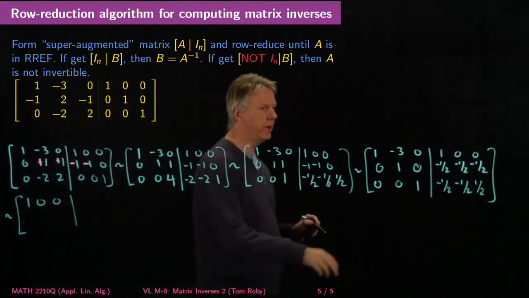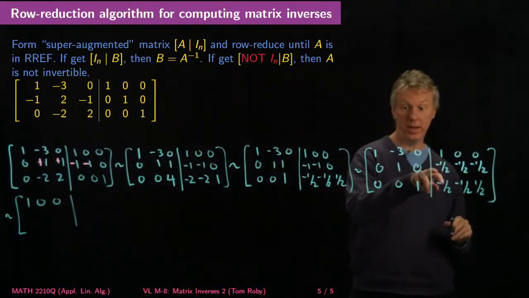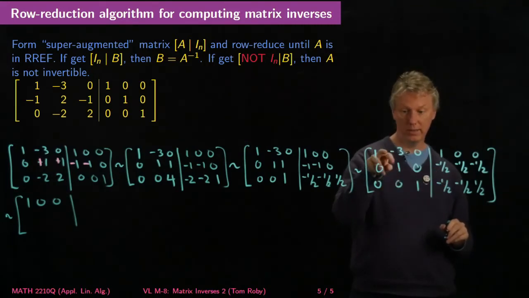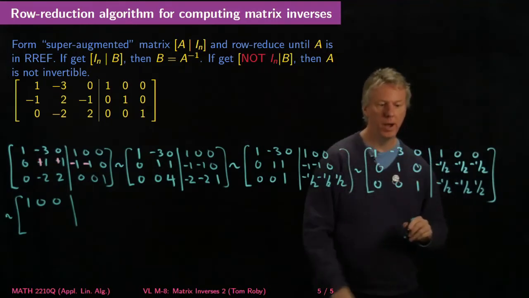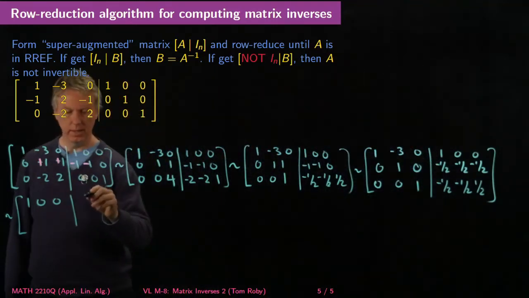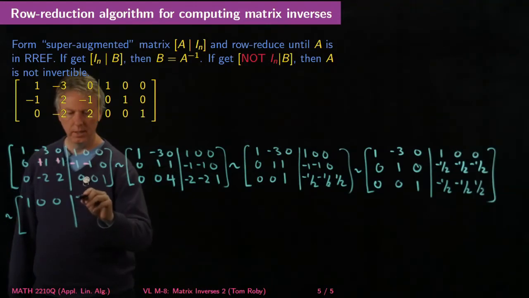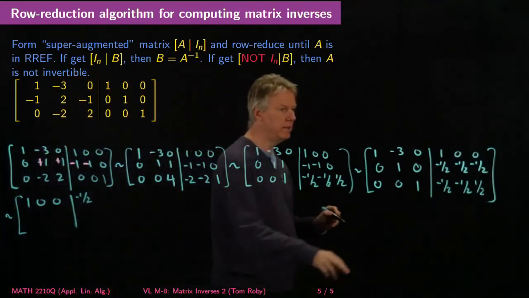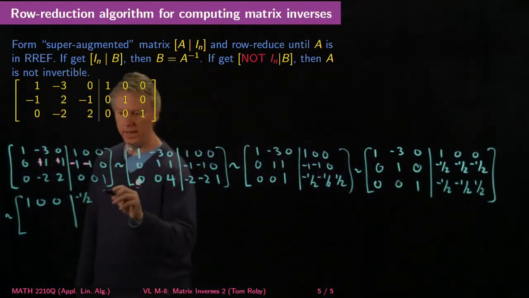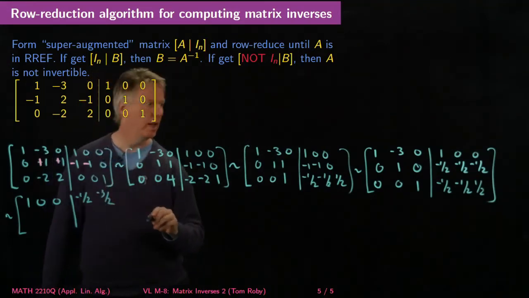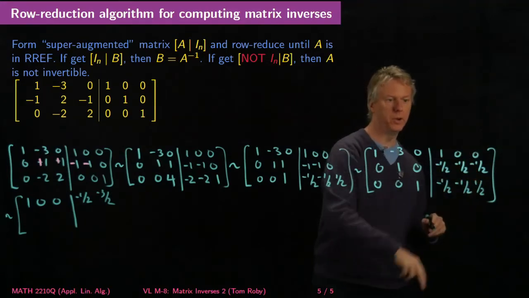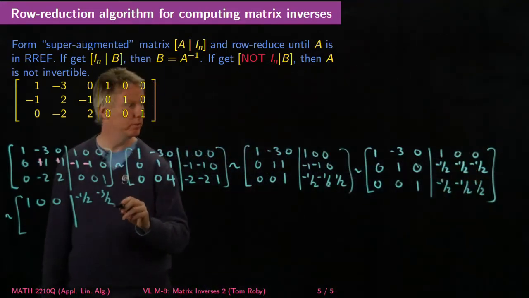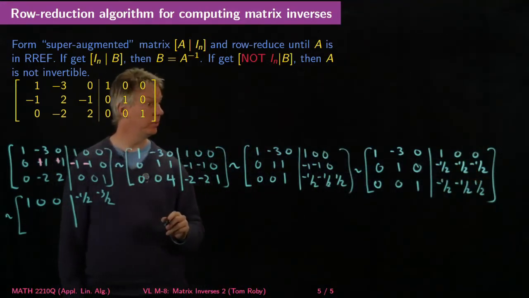And now over here, multiply by -3. Now multiply by 3 and add is what I'm doing to zero this out. So I multiply by 3, I get 1 minus 3/2 is -1/2. And now 0 minus 3/2 is -3/2. And 0, and then it's -3/2 again. Right?